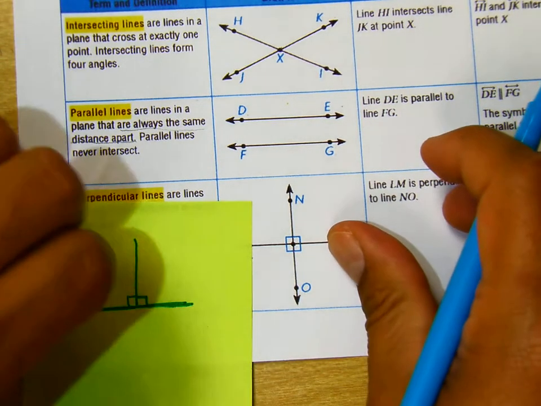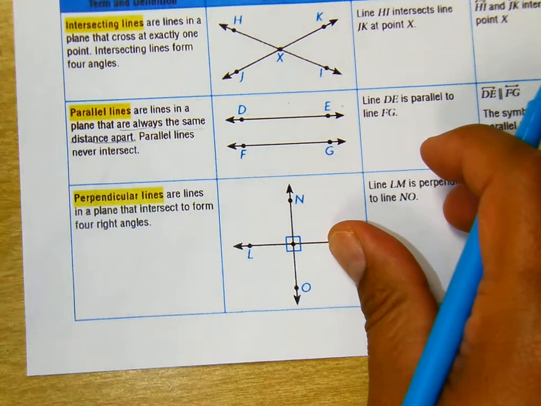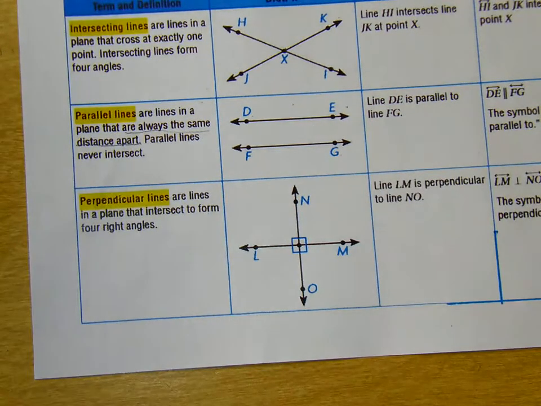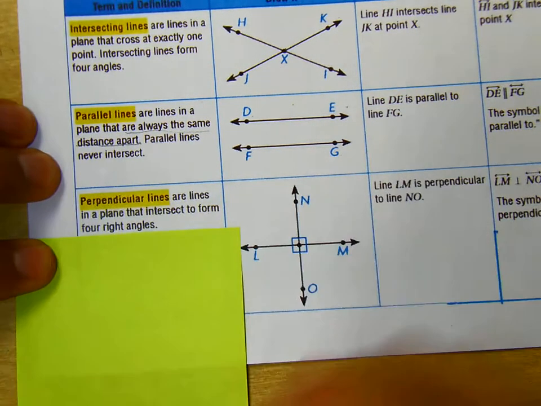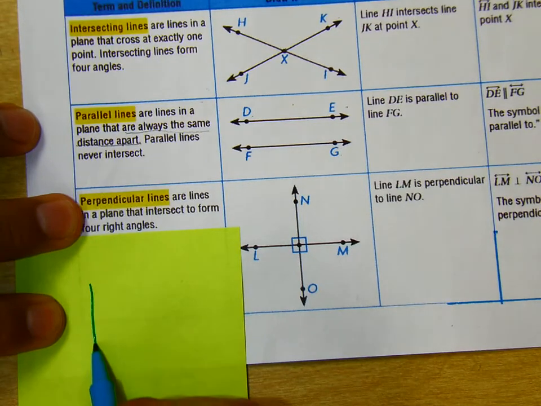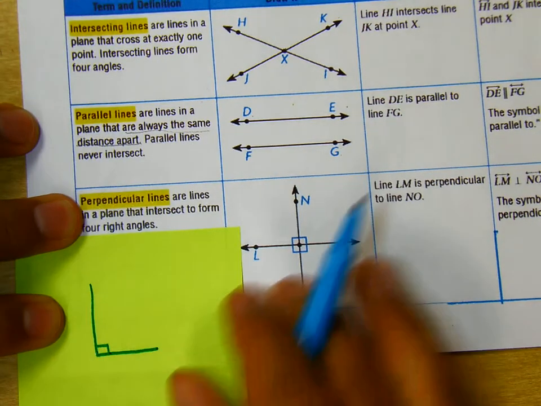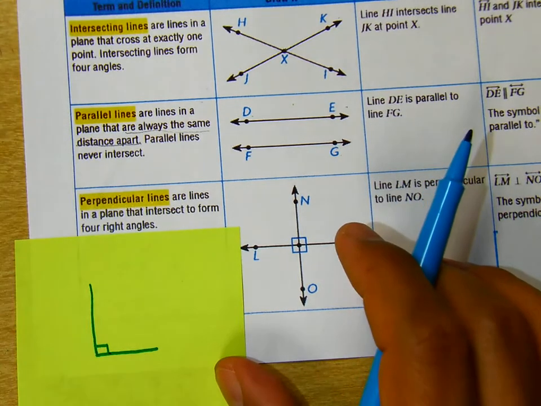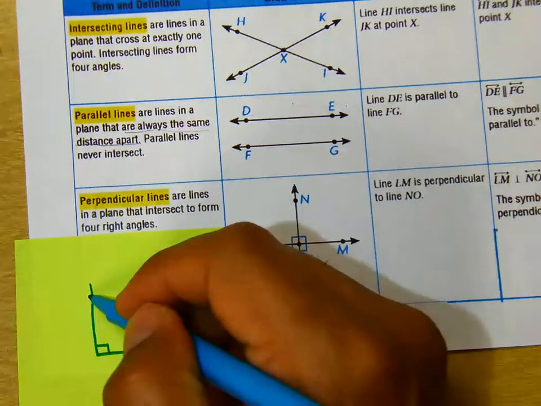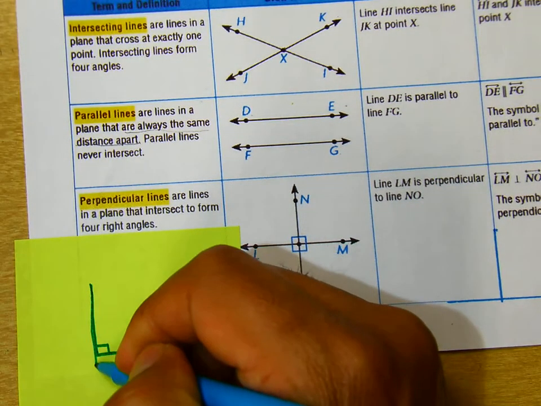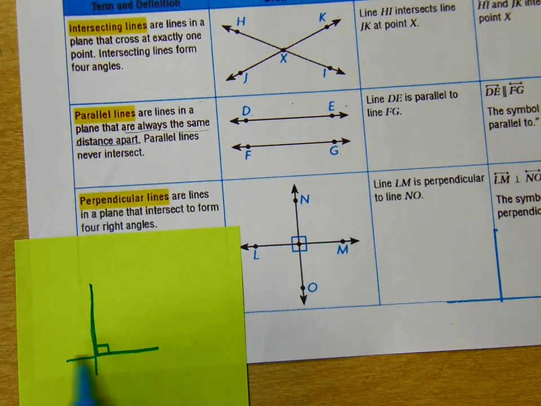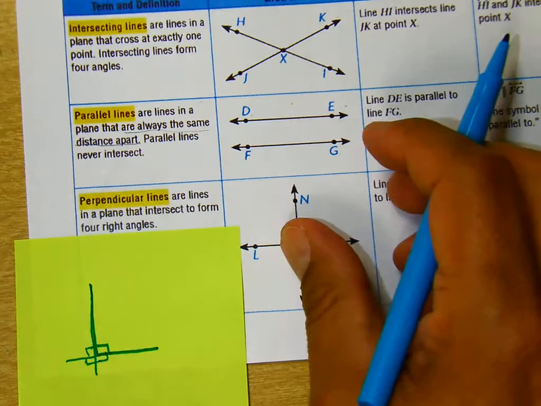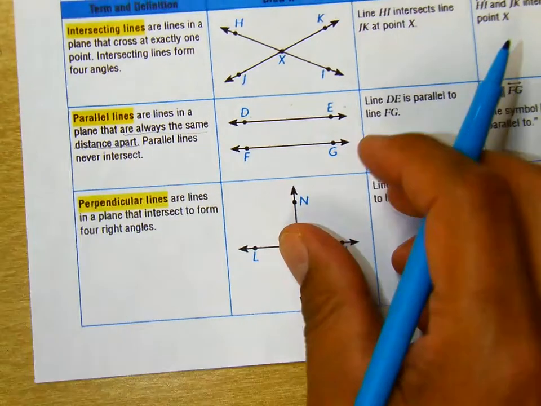Those are perpendicular lines. Sometimes perpendicular lines only make one right angle. So if I have a line going down and a line going across, they make an angle there. That's a right angle. Those are also perpendicular lines. We could extend this line, it would go that way, and extend this line, it would go that way, and that would make four right angles. So that would also be perpendicular lines.